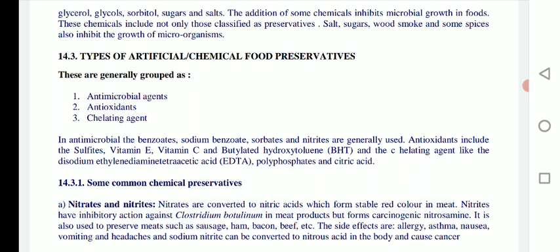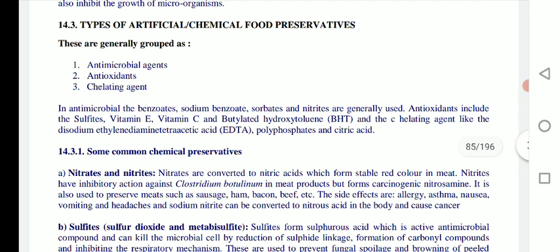In case of antioxidants, it includes sulfides, vitamin E, vitamin C, and butylated hydroxytoluene, which are commonly used. And chelating agents like disodium ethylenediaminetetraacetic acid, that is EDTA, is popularly known as a chelating agent.